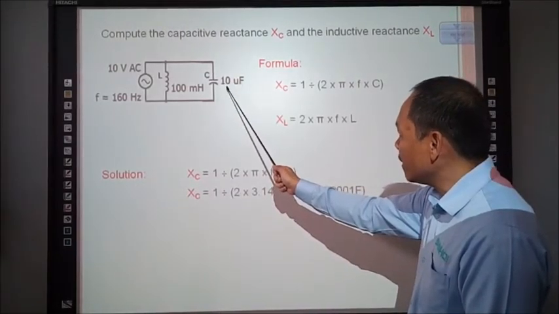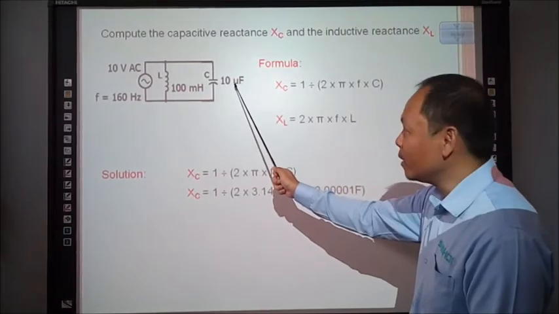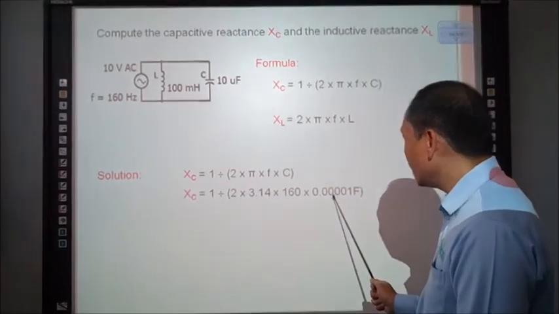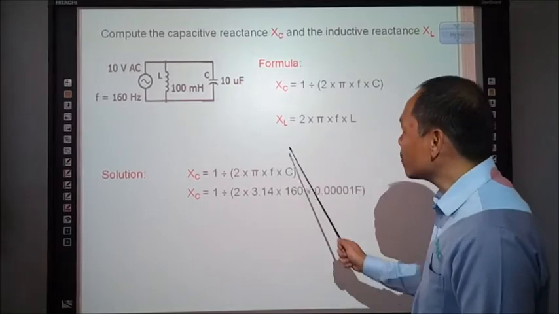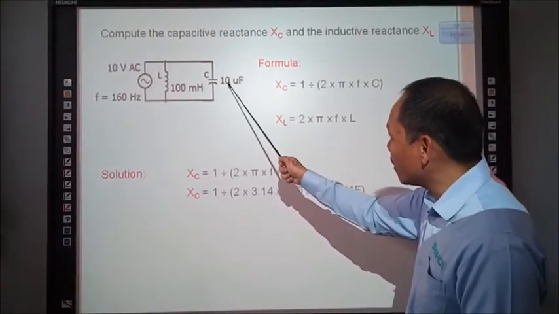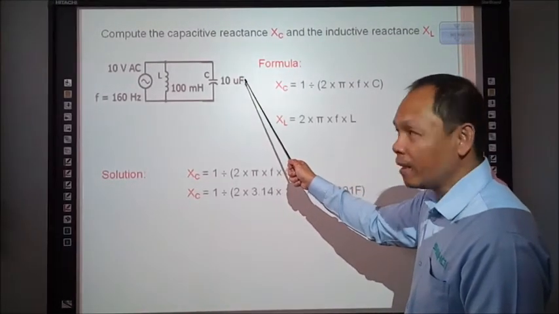Now, you can see it is 10 microfarad. Do not write 10 here because the answer will be wrong. So you have to change microfarad to farad.